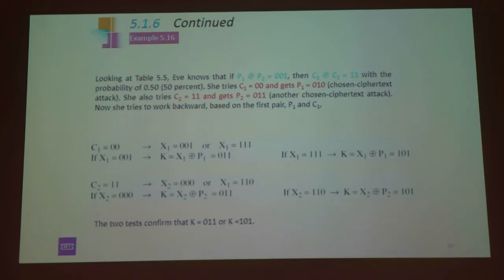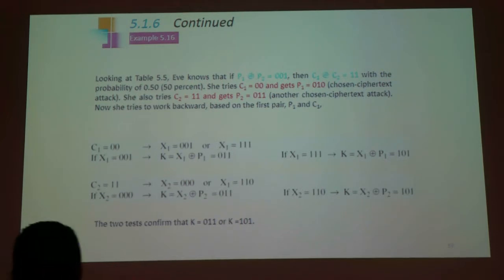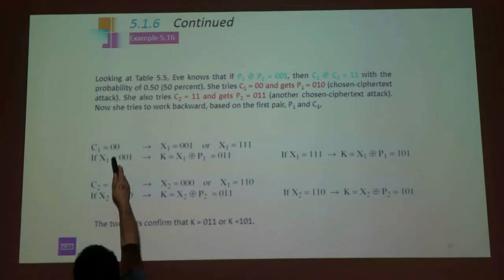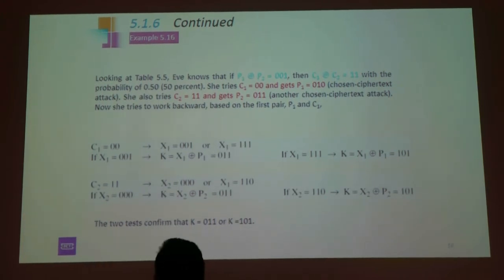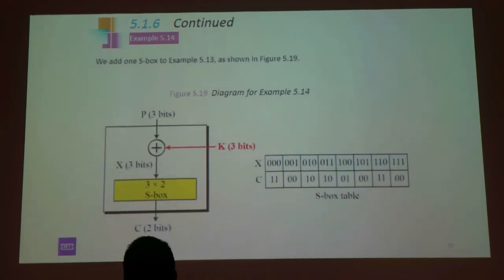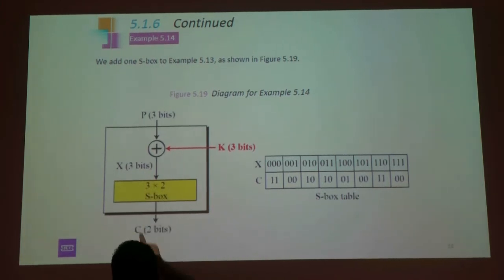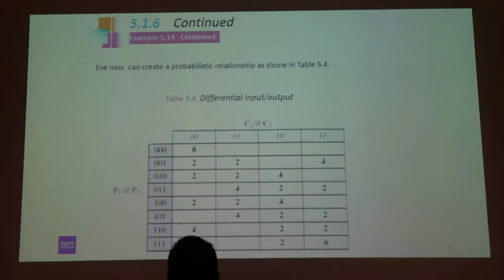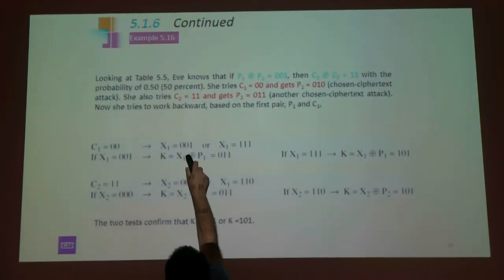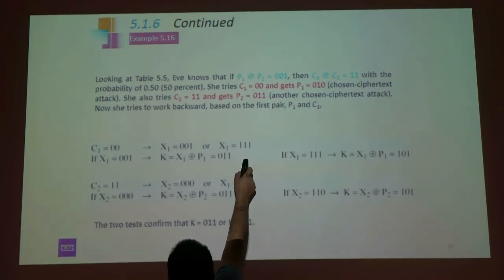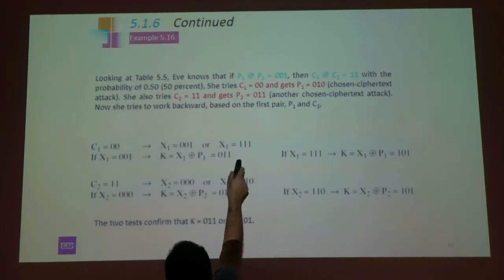So here, the same thing. You're trying to do the sum from the table. Let's say C1 equals 0, 0. What are the options for X1? And again, if you are confused, go to the graph here. Where is X, and where is C? X is 3 bits, C is 2 bits. So it will be 0, 0, 1 or 1, 1, with a 50% chance of either.